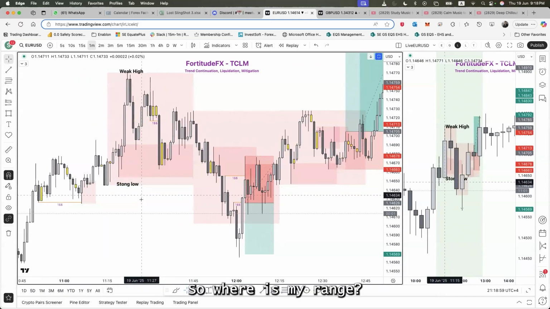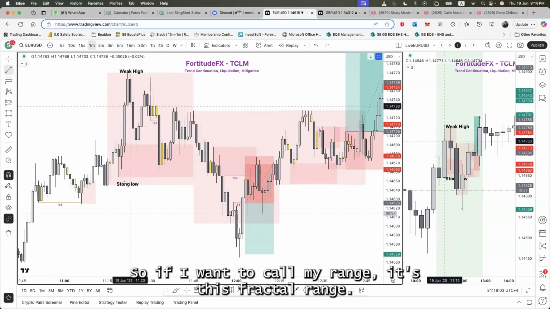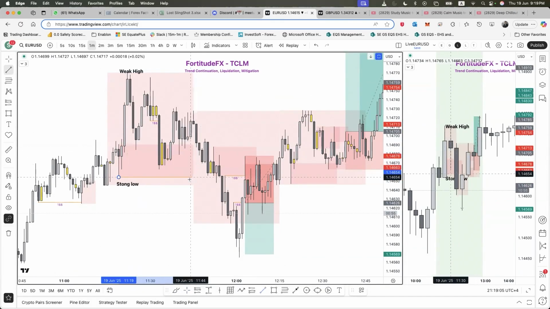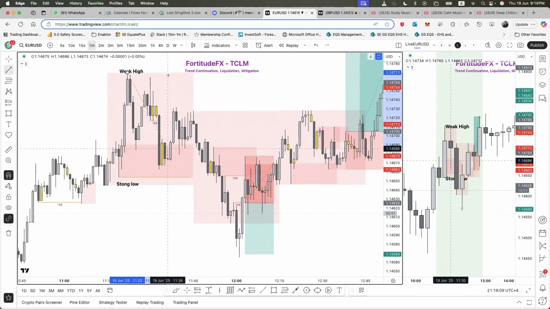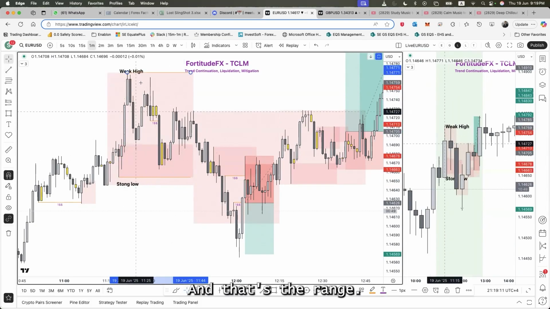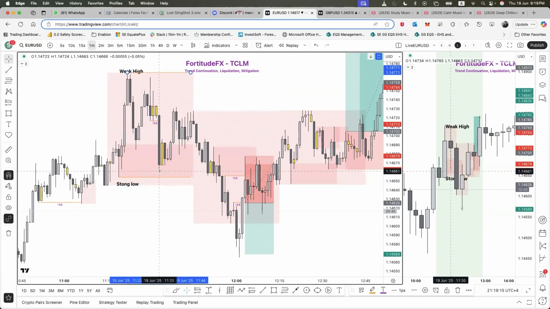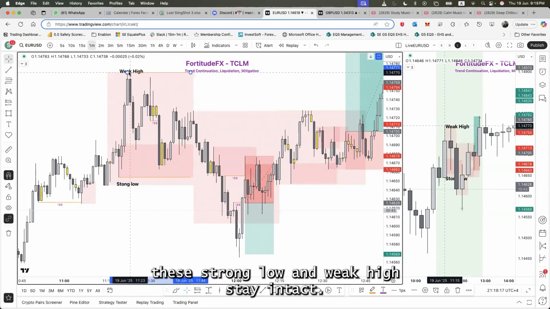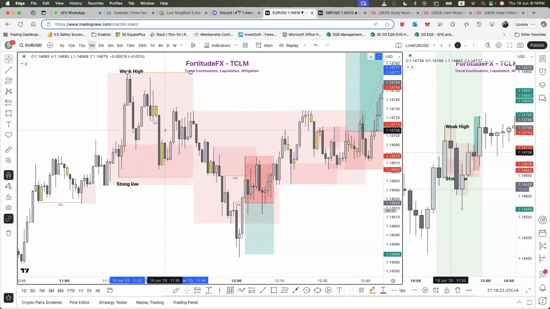So where is my range? My range is right now this line and this line, right? So if I were to draw my range, it's this fractal range and this fractal range right here. This is the range that I'm playing in. Now, unless these two get broken, this strong low and weak high stay intact. Everything that happens within this is all internal price action, right?